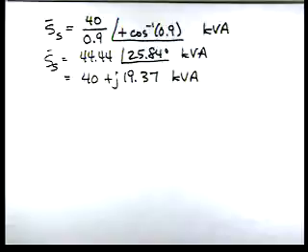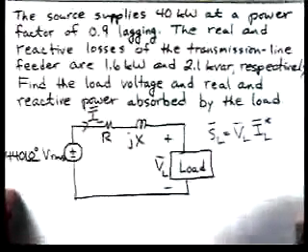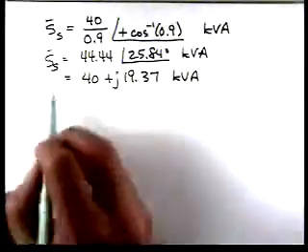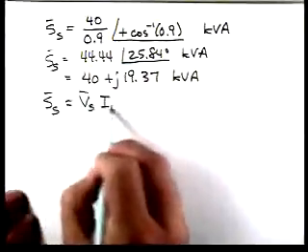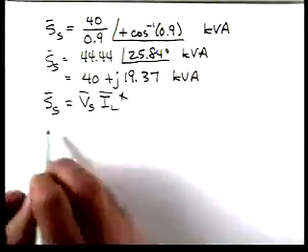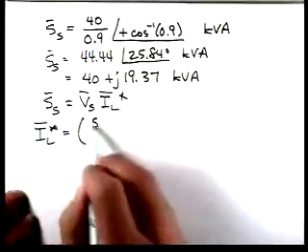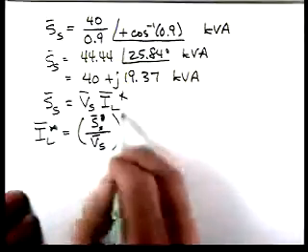Now we can calculate that current IL here. We know the power, so S sub S is VS times IL conjugate, or IL conjugate is S sub S over VS conjugate.